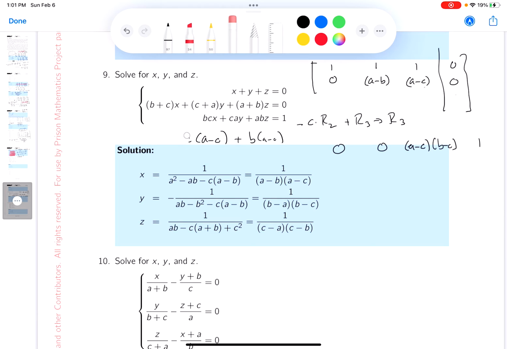All right, I'm going to erase all this work over here. Now, there is a problem with erasing. If you erase something and you don't know what you've done, there's no evidence of it. But I can write this down now. And you're going to get 0, 0, and then you're going to get A minus C, B minus C is equal to 1. Now, I got to understand what that means.